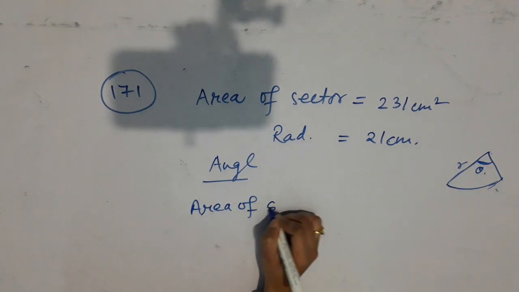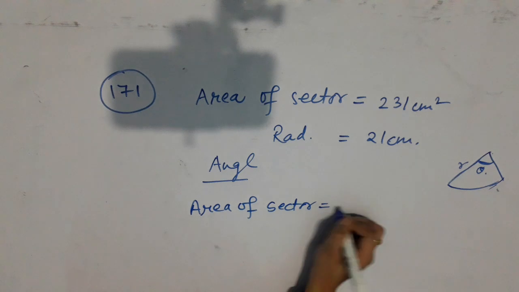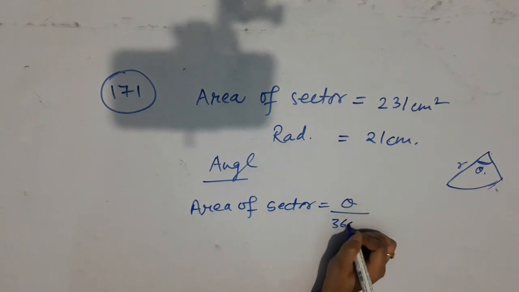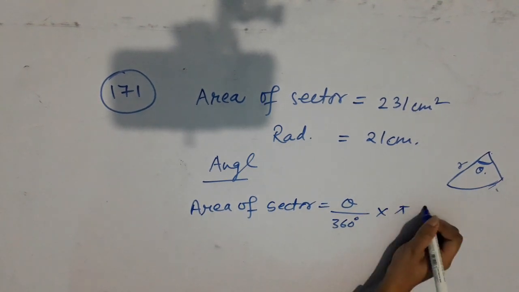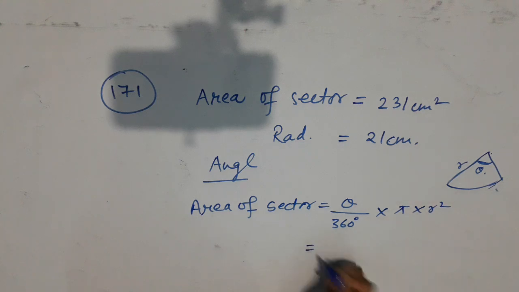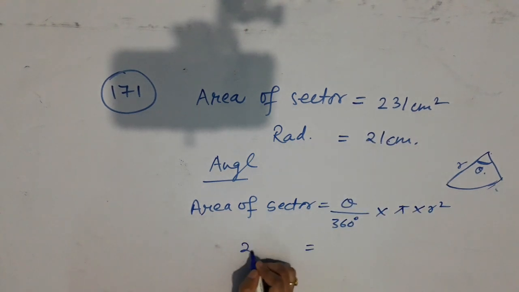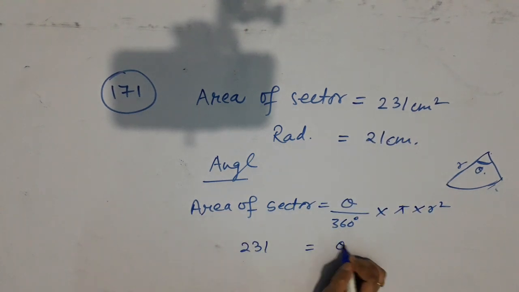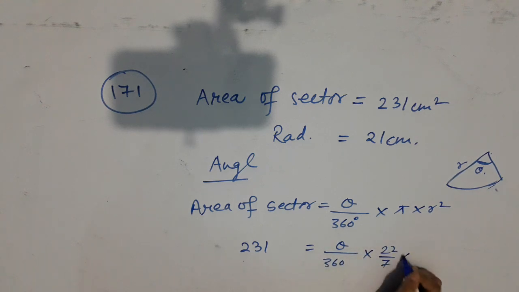So first you have to remember the area of a sector. The formula of area of sector is theta upon 360 degree into pi into r square. So area we know, 231, theta we don't know, 360 into 22 by 7 into r, we know 21 into 21.